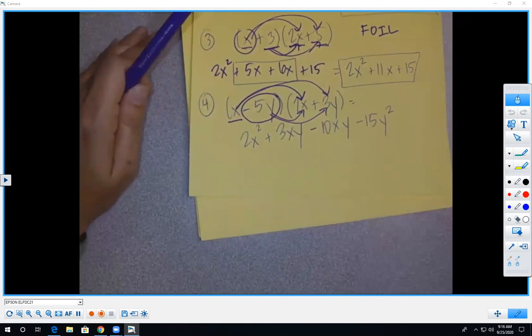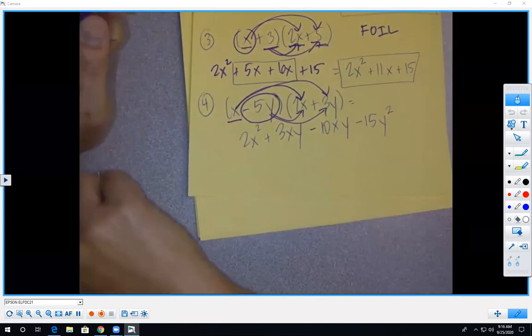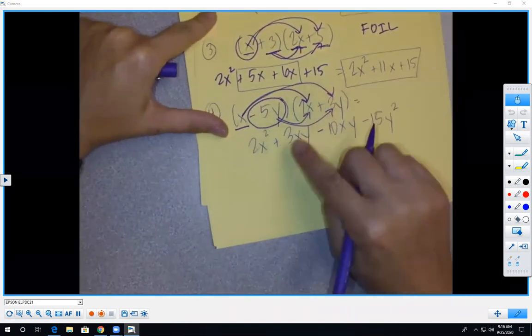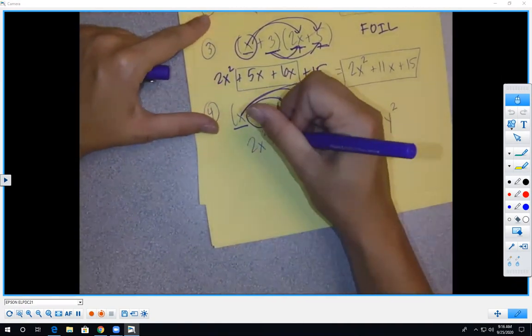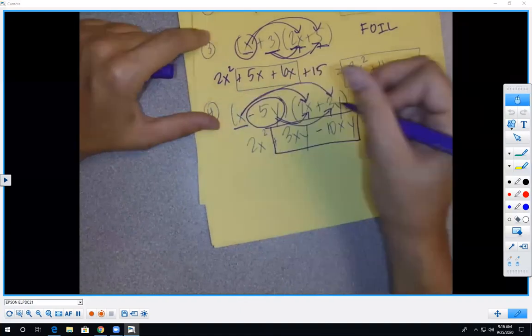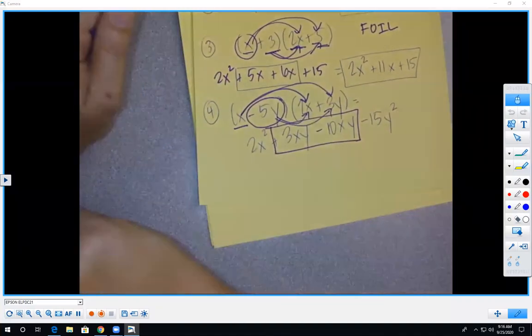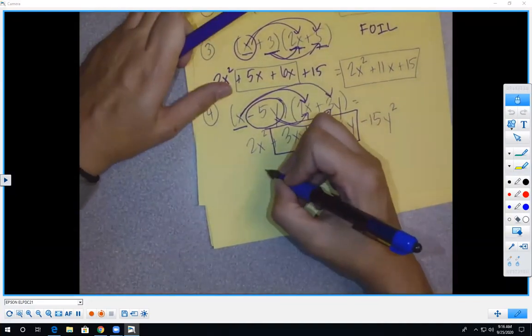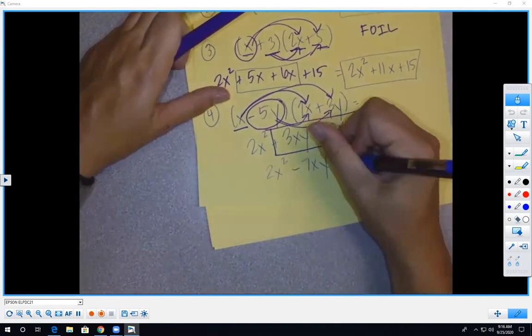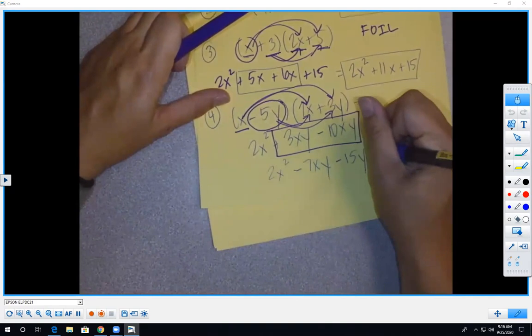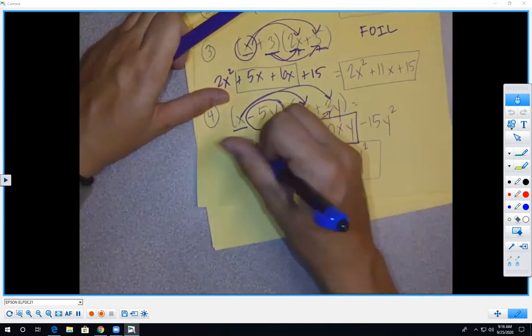Do I have any like terms that I can combine? Yeah, the two middle terms, xy. Even if you had one as xy and the other as yx, you could rewrite it and it's the same. So what is 3xy and negative 10xy? Negative 7xy. So our answer is 2x squared minus 7xy minus 15y squared.